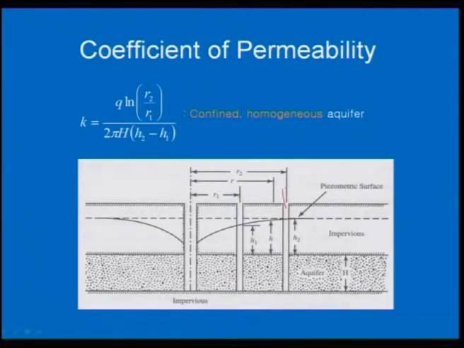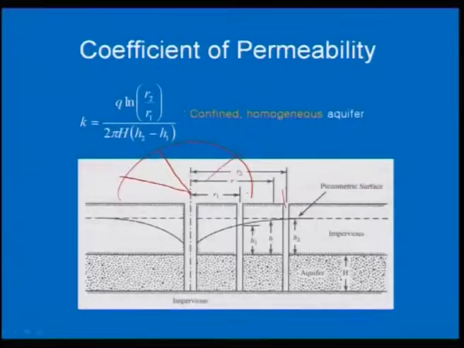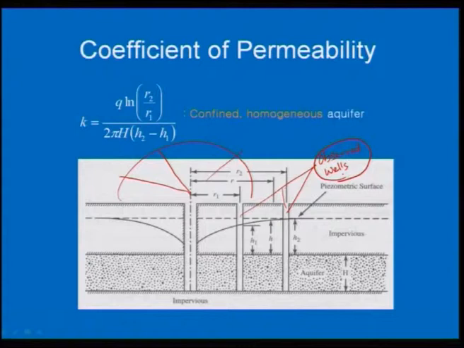This distance may be a radial distance, not a straight line; it may go in this direction, in this direction, in this direction. You can place the wells radially, and R2 is also the radial distance of the observed well. These two are the observed wells, and R2 is the radial distance of your second observed well from the discharge well.